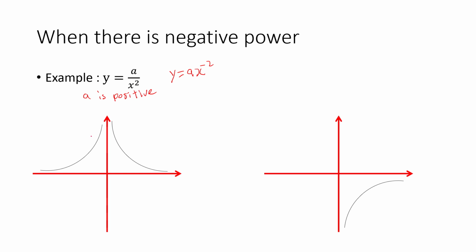So instead of it being here, your graph will have two curves that are on top of the x-axis. And when a is negative, then you will have two curves below the x-axis.